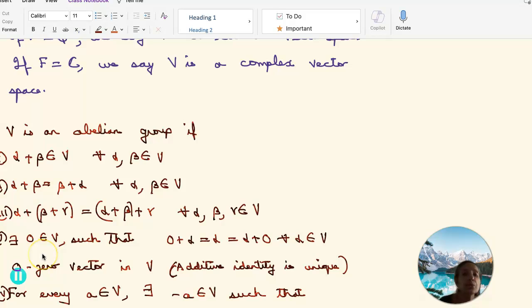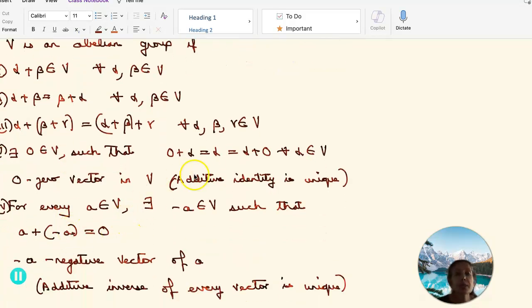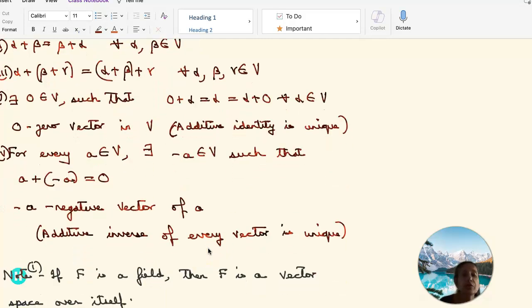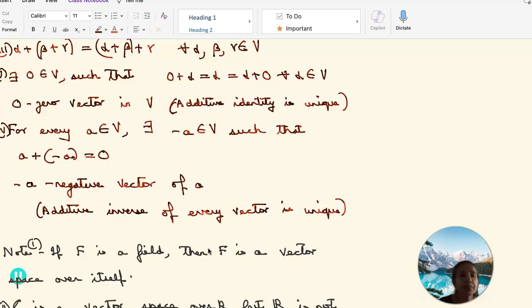And there exists 0 belonging to V such that 0 + α = α = α + 0 for all α belonging to V. So 0 is the identity vector or the zero vector, and the additive identity is unique. Then for every α belonging to V there exists −α belonging to V such that α + (−α) = 0. So this is the additive inverse. −α is the negative vector of α, and again the additive inverse of every vector is unique.